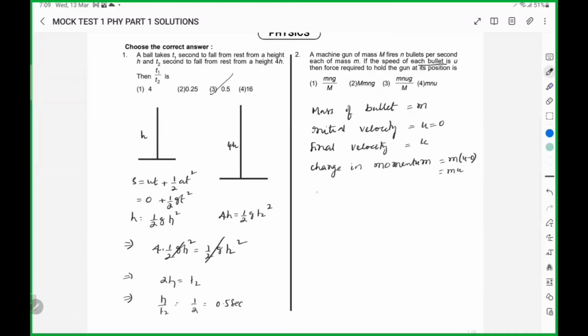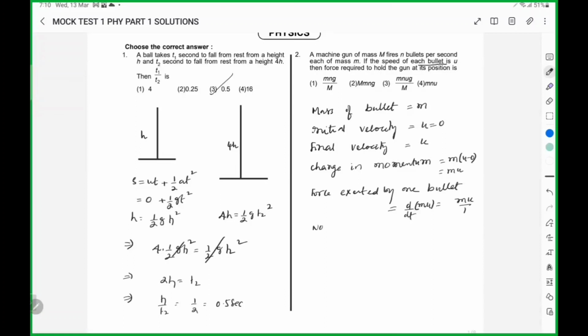So now here, force exerted by one bullet is rate of change of momentum, but what is given is per 1 second.